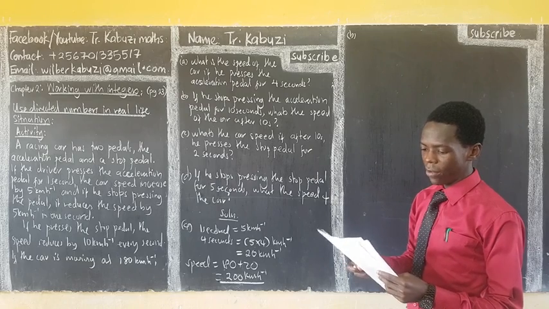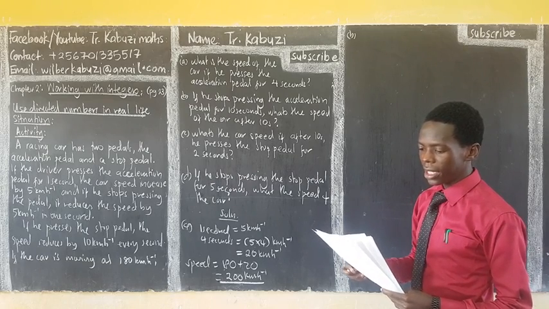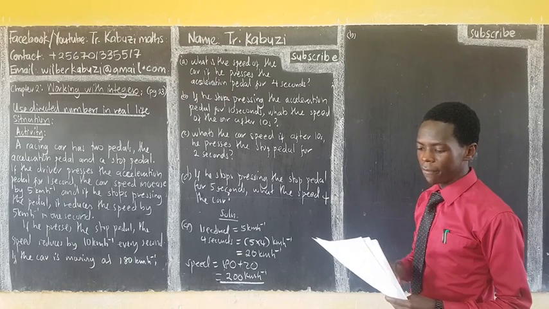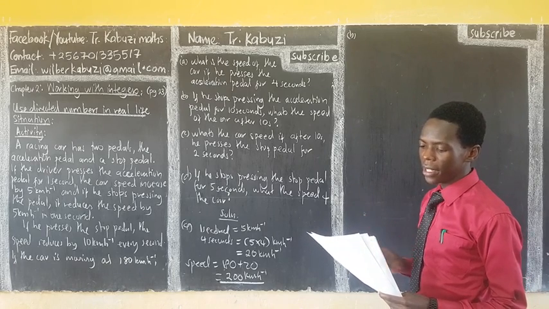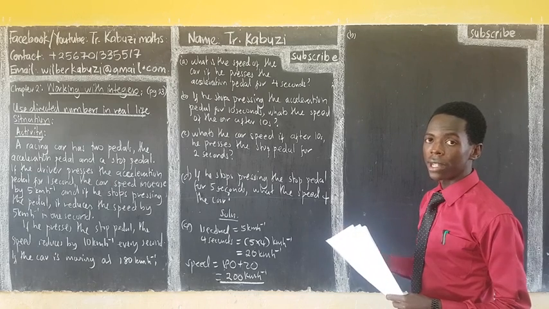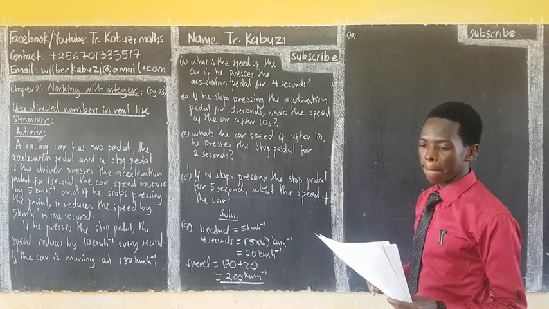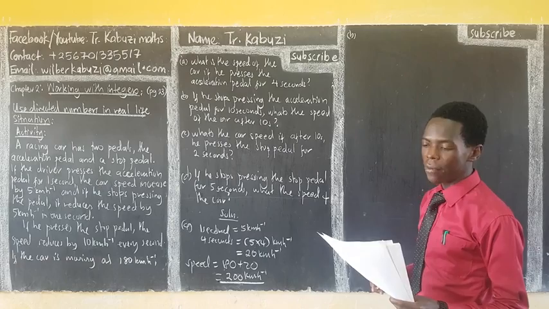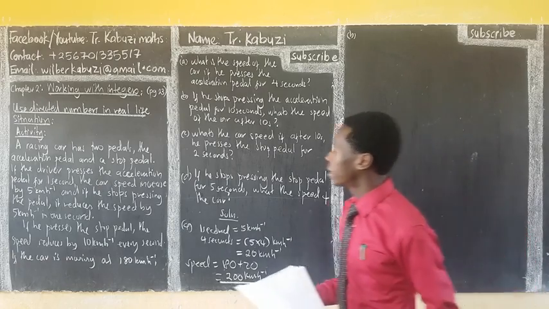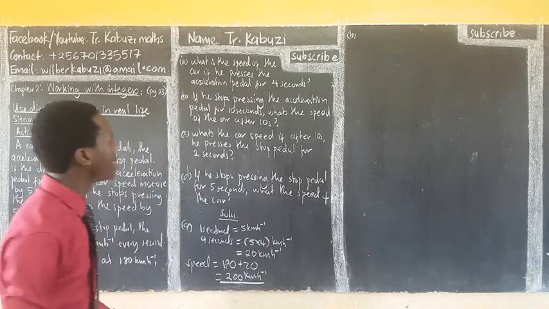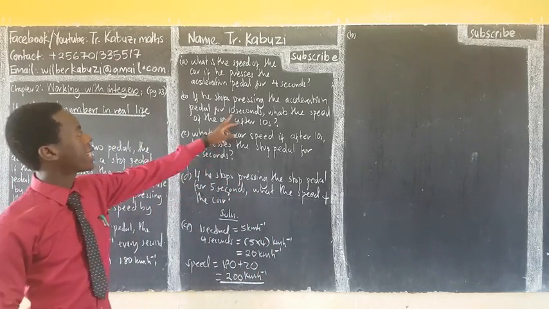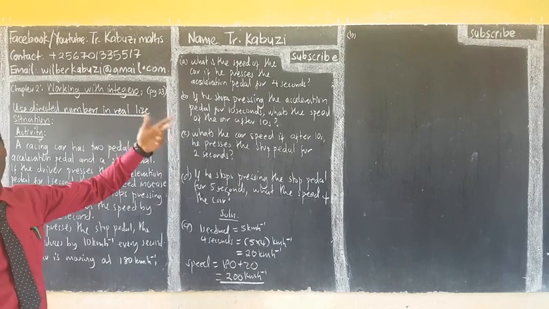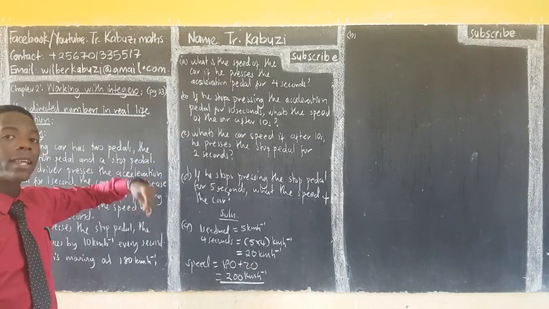Now group C, what they did, they said if it stops pressing for 1 second, the speed reduces by 5 kilometers per hour. So what they did, they got the 10 seconds times 5, then they subtracted, because now the speed is reducing.